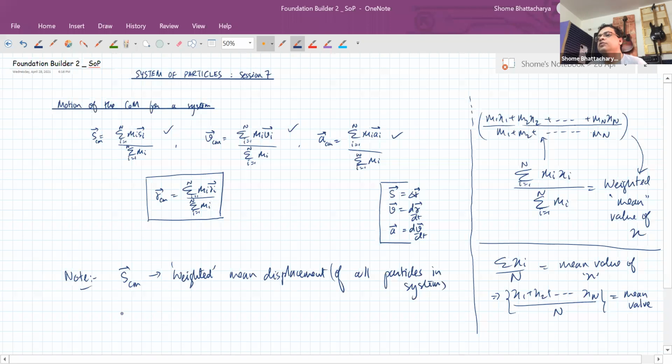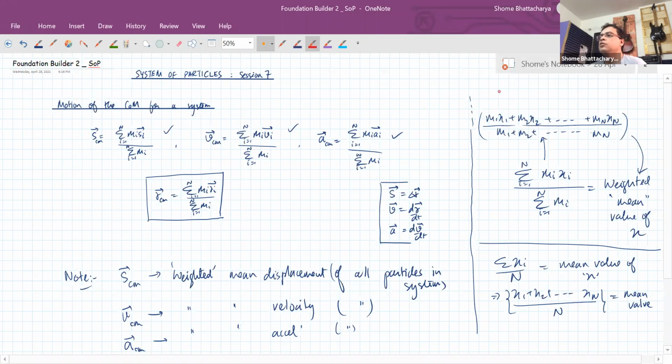Similarly, velocity of center of mass is the weighted mean velocity. Similarly, acceleration of center of mass is the weighted mean acceleration. So that is the same thing as these equations that we have written on top, because this is the general meaning of the term weighted mean.